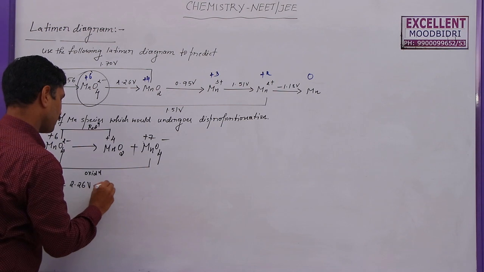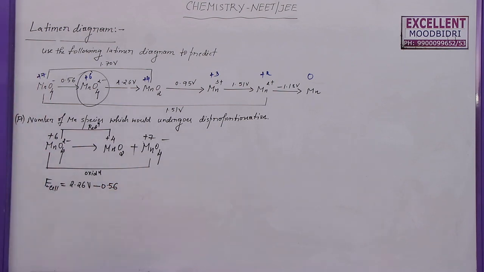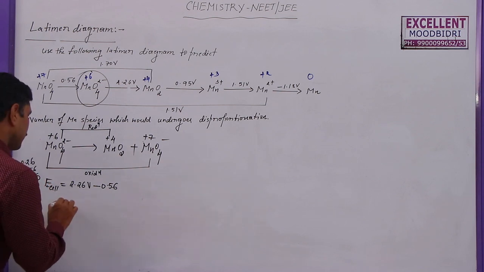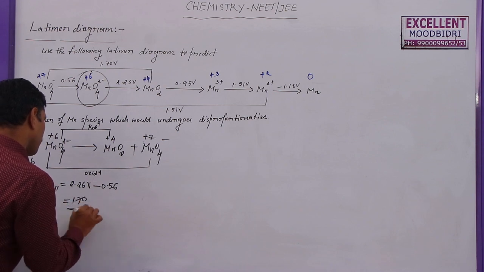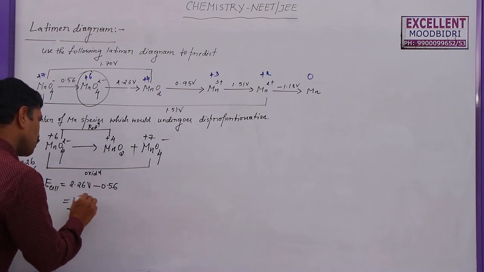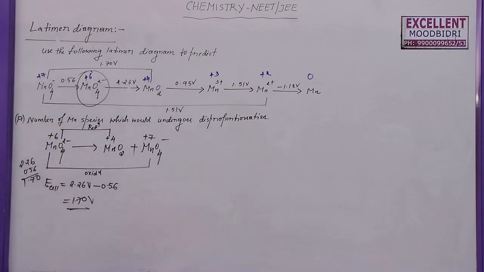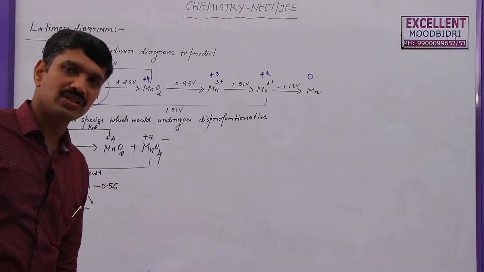Minus 0.56, because this is a backward direction, this is a forward direction. The answer must be positive, not negative. So subtracting, we get 1 point something, but the sign is important. The E shell value is positive, therefore this species undergoes both oxidation and reduction reactions.